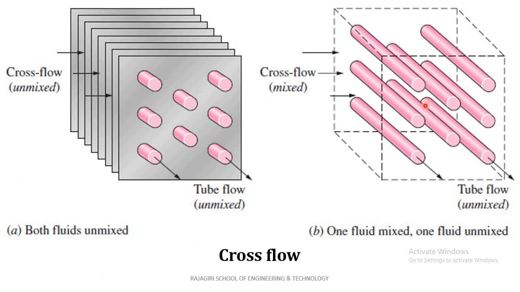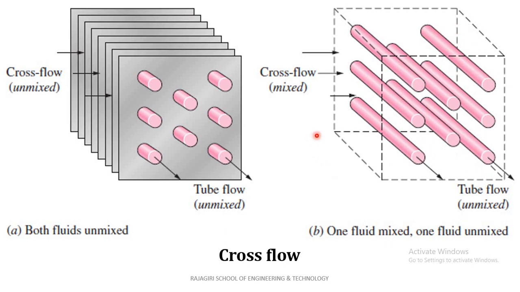In this case, you can see the fluid which is flowing through these tubes will not mix with each other. One fluid is unmixed, but the fluid which is passing through this direction can mix within the space anywhere.